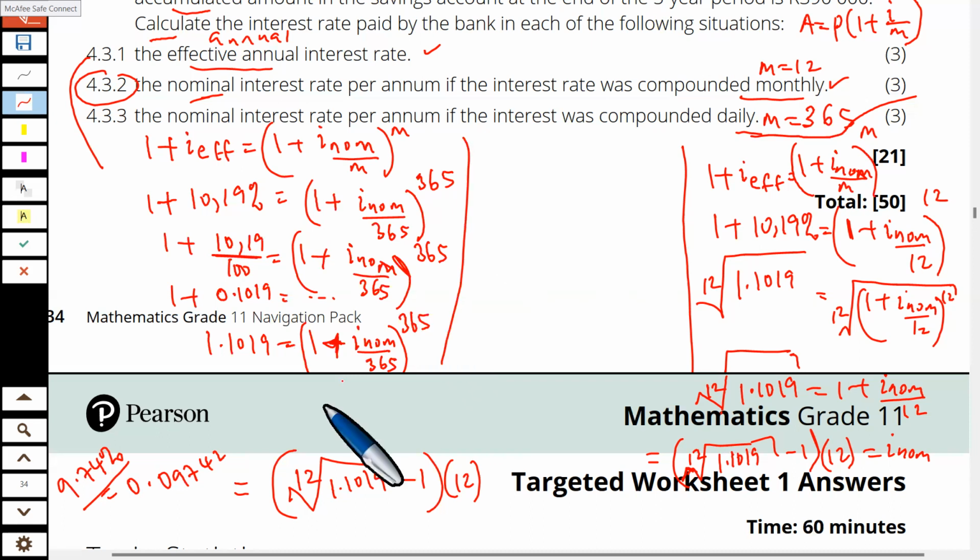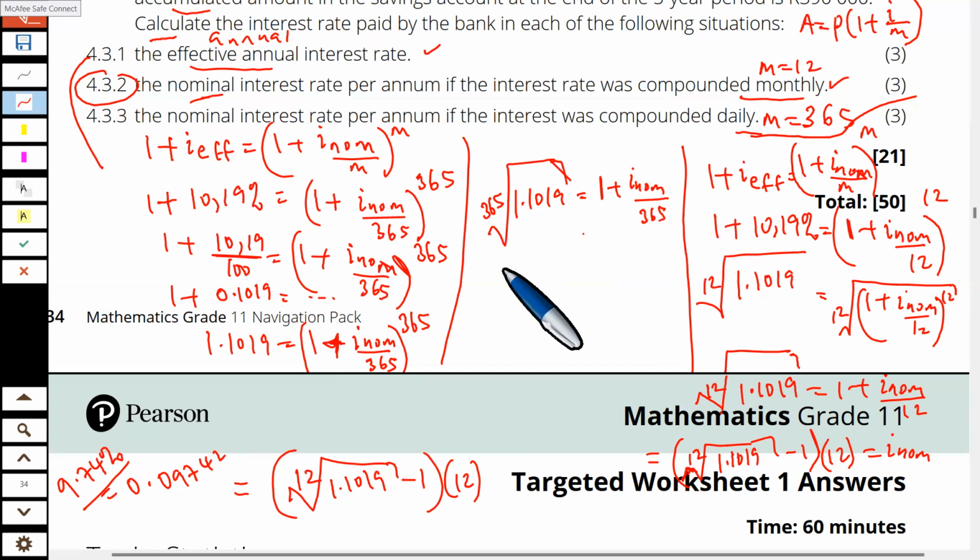Because it's 365, it means you take the 365th root of 1.1019, and then it's 1 plus i nominal. So you minus 1 and multiply by that.